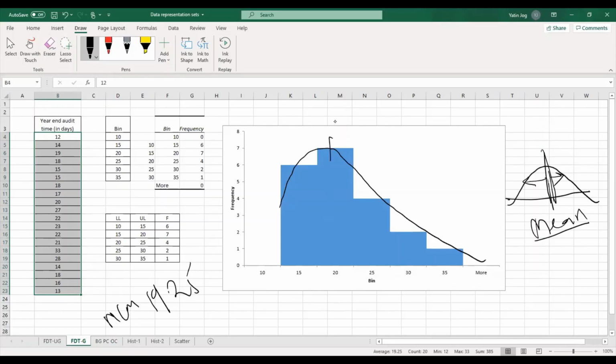So you can see my data is not distributed evenly around the mean. The number of observations on the left hand side are more compared to the number of observations on the right hand side, but they are in a more spread format. We'll come to this when we discuss measures of shape. What I'm talking about is the concept of skewness, that we can have either right skewed data or left skewed data. And in that case, we say that it is a non-symmetrical distribution.